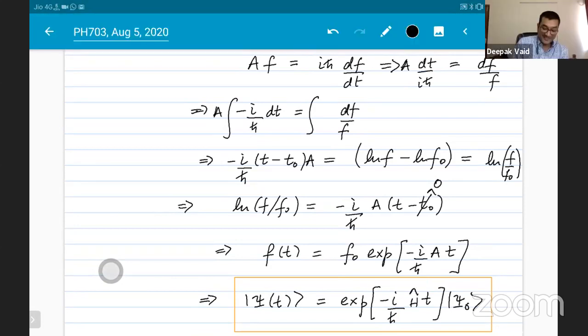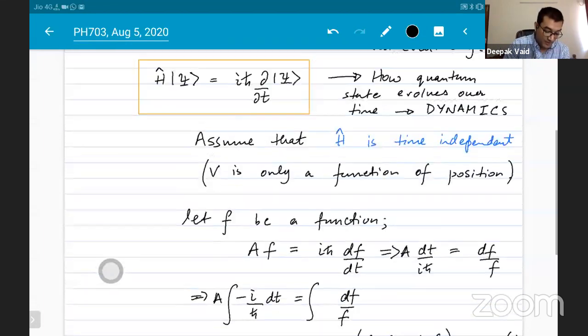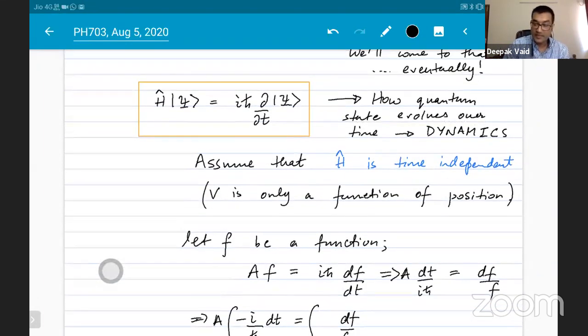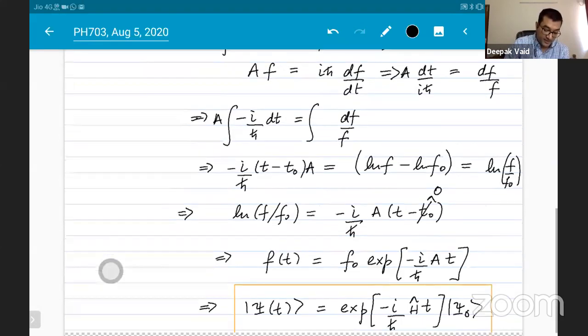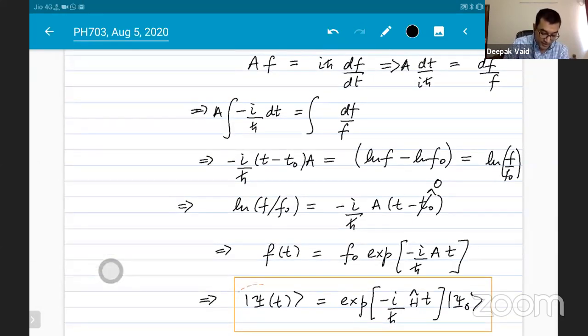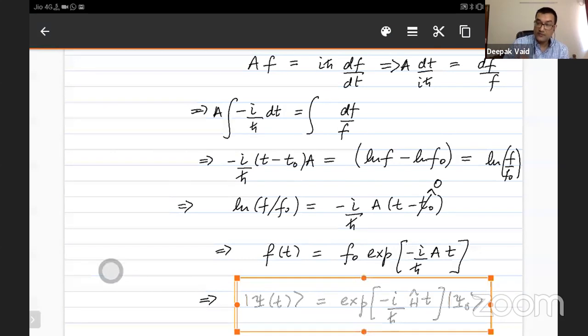This is what the Schrodinger equation tells you, that your Hamiltonian does not have to have any explicit time dependence. Here your Hamiltonian does not have any explicit or implicit time dependence, but your state vector is still a function of time.